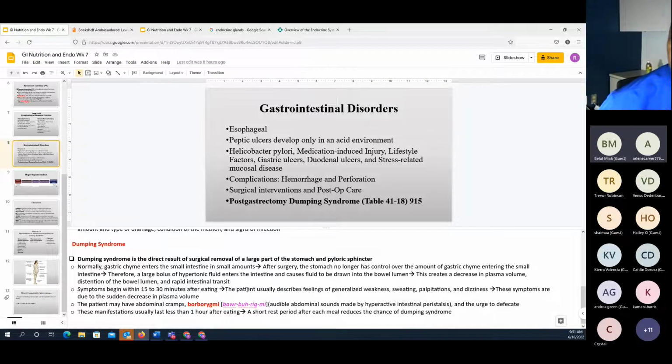I don't know if I saw that in your textbook, but I'm pretty sure it's in my other textbook. So, different sources give you a little more information. So these are your symptoms here. Make sure you take a look at that.